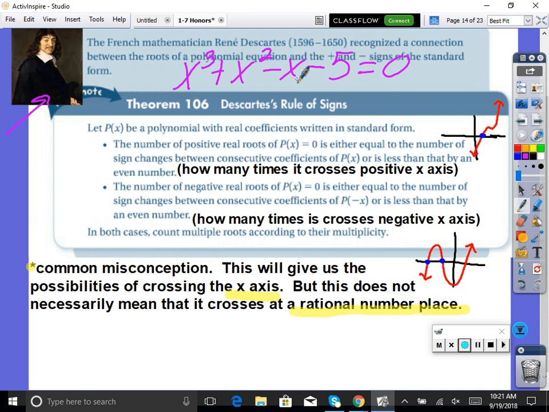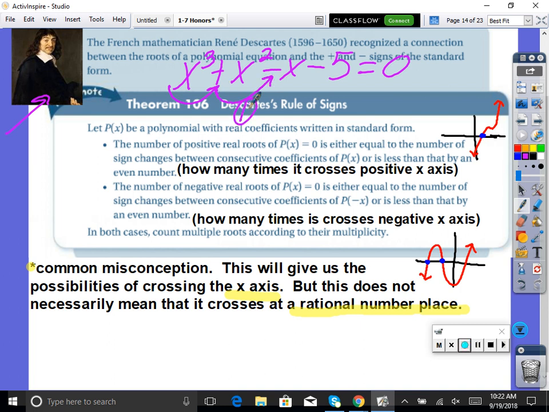So, right here guys, look. This is the positive x-axis. Do you guys see? We're determining right now how many times it's going to cross the positive x-axis. So we're going to count how many times it changes signs. From here, it's positive to positive. That did not change. Positive to negative, that just changed.